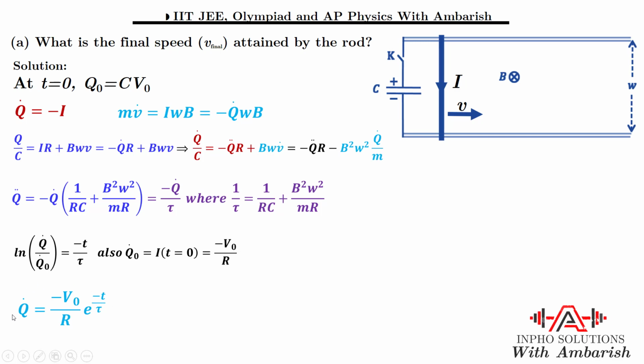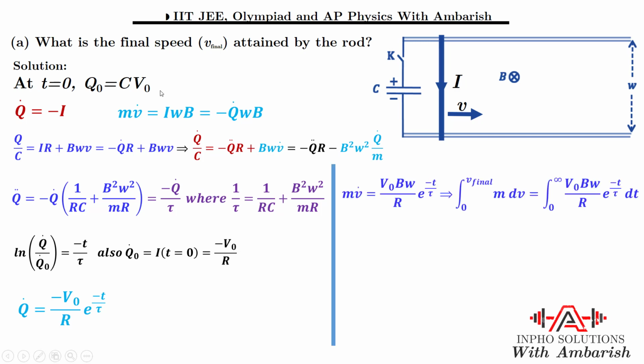So now once I have current as a function of time, I can put it in this differential equation, mv dot is minus q dot wb, and then solve for v by putting v dot as dv by dt. So what do I get? So I can say that mv dot is equal to minus q dot wb. So q dot is over here, q dot into w into b we have done. Okay. So what do we get from there?